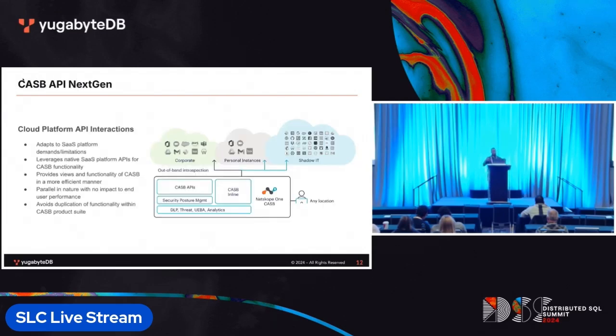So I spoke a little bit about CASB API, and CASB API was something developed at Netskope early on in our journey. And as we went through our journey, we saw a couple of key challenges in the marketplace. One was the number of SaaS providers was growing significantly, especially SaaS providers that were important to enterprises.